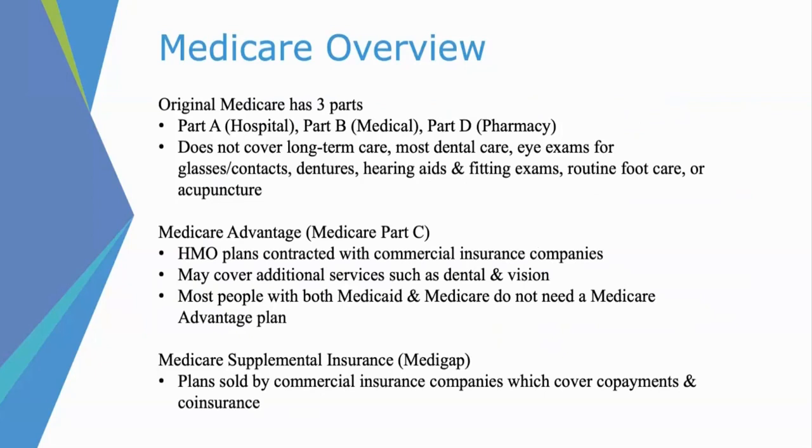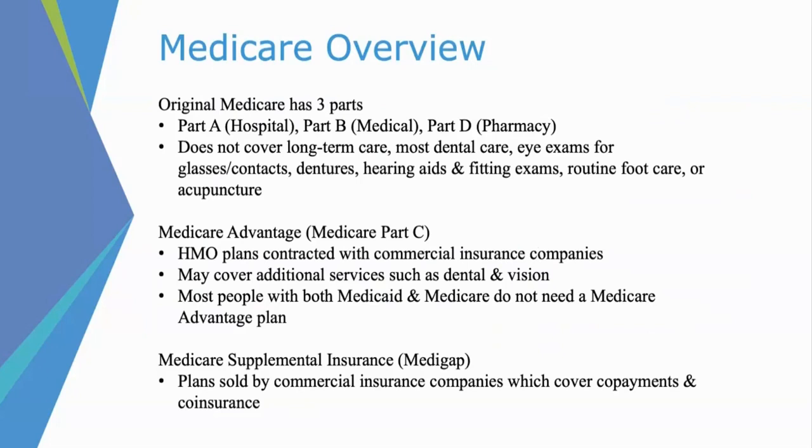Original Medicare has 3 parts. Part A, which is the hospital, Part B, medical, and Part D, pharmacy. Does not cover long-term care, most dental care, eye exams for glasses, contacts, dentures, hearing aids, and fitting exams, routine foot care, or acupuncture. Medicare Advantage, also known as Medicare Part C, is HMO plans contracted with commercial insurance companies.